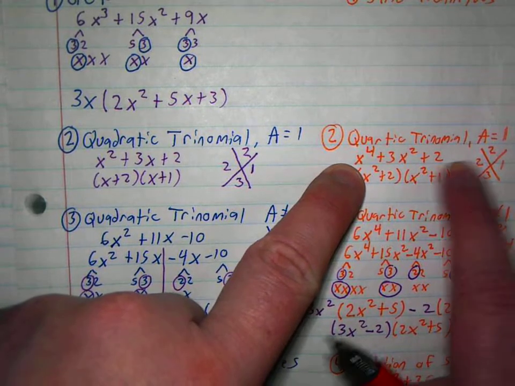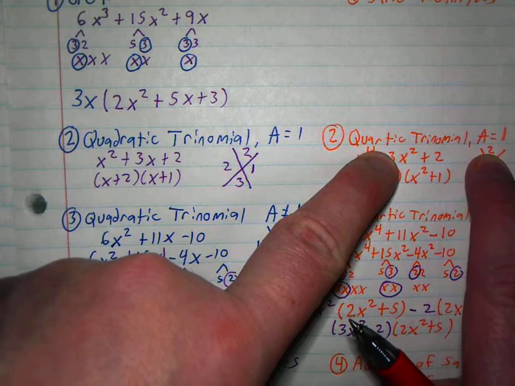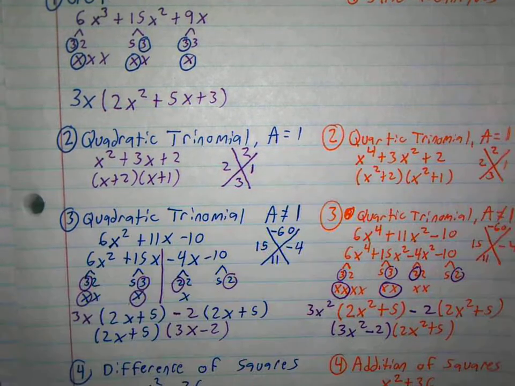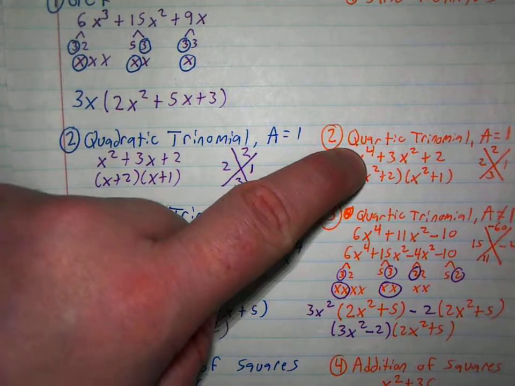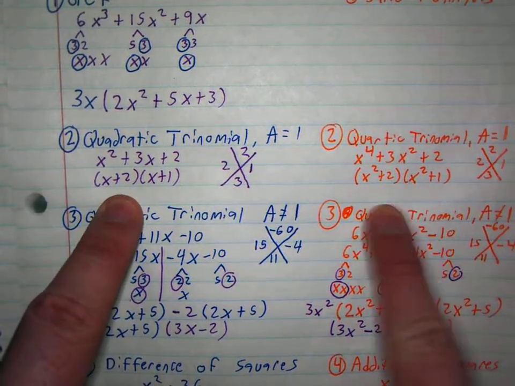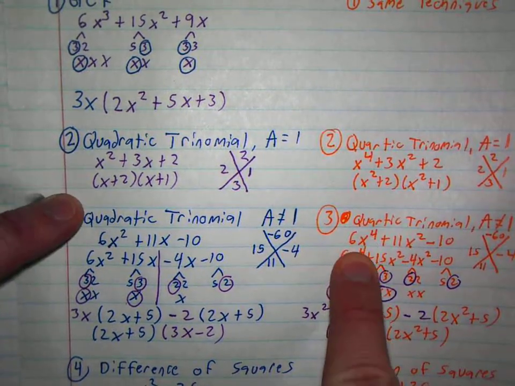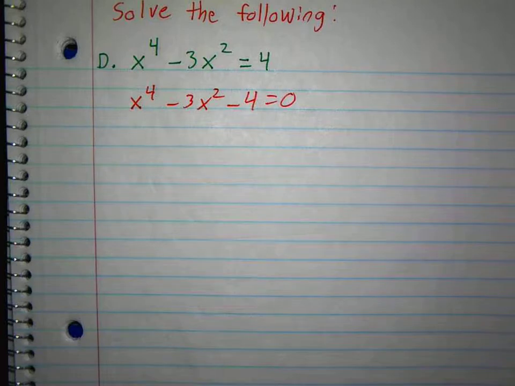So we put the 2 here and the 3 here, right? And we found 2 numbers that multiplied to 2 and added to 3. That's 2 and 1. And normally my answer would be x plus 2, x plus 1. Because it's x to the 4th, it's going to be x squared plus 2, x squared plus 1. These are almost identical steps. Now, had that not been a 1 in front, then we would have to split the middle term up. But it's a 1.